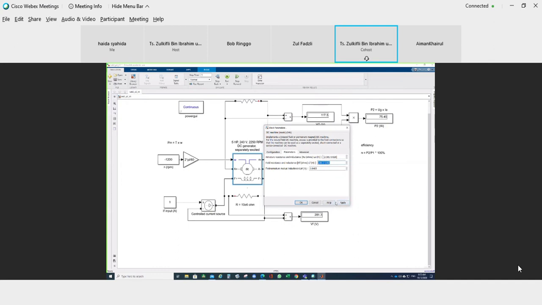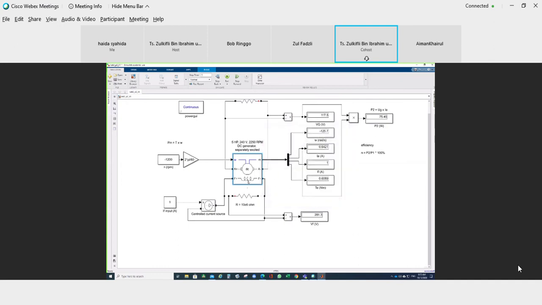So DC dia tak effect the inductance sebab inductance ni dia kena ada L di/dt untuk ada voltage across them. So basically tak ada effect lah, dia hanya on the resistance sahaja. Kalau AC, yes, AC dia ada sebab ada di/dt tu.